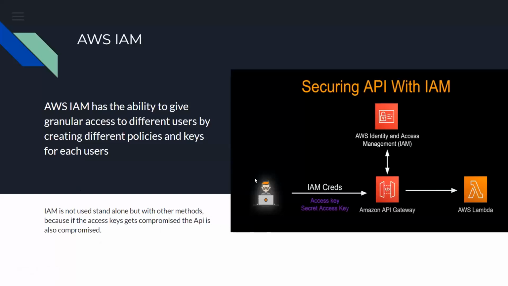Once a malicious user or a hacker gets access, even mistakenly, to your API access keys, your AWS IAM is compromised. He can access your Amazon API gateway and then your backend information. So it's a simple security measure.